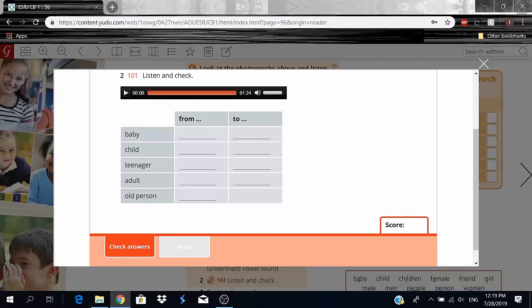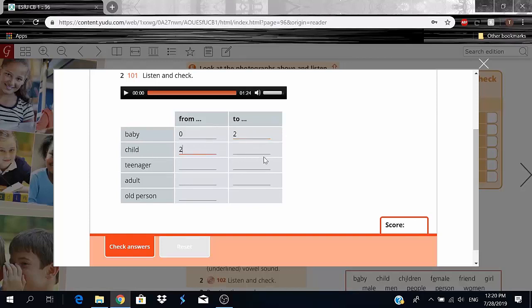Alright, these were some pretty valuable information, okay? So now let's go, here we have baby. So from, let's just say 0 right here, right? And she said around 18 months or 2 years. So let's just write 2 here, as in 2 years, okay? And then we have child, okay?